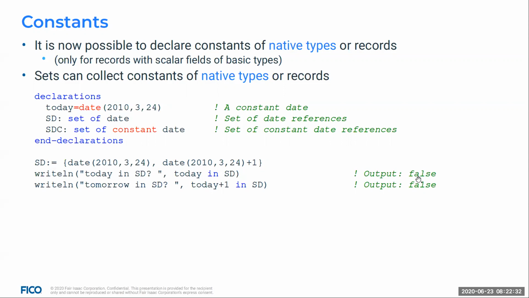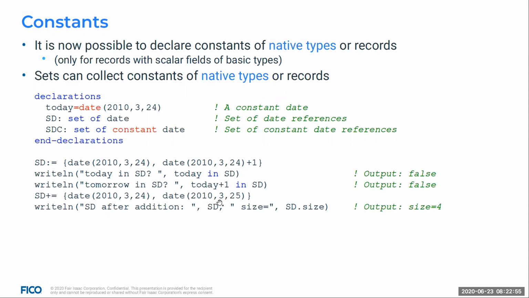And annoyingly, I'm going to get back the answer false, because this is not a set of constants, so the elements in this set are not unique. They represent the same value, but the element itself is not unique. Same for tomorrow, this today +1, I'm getting back false. And if I'm adding the same things again, I end up with a set of size 4.